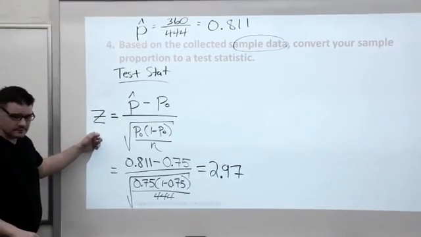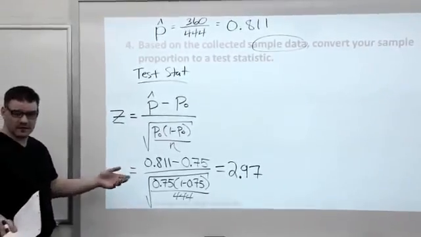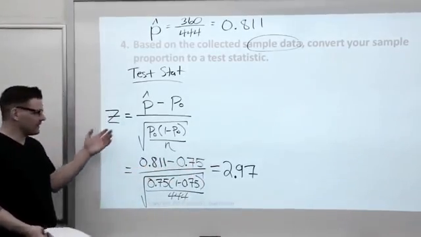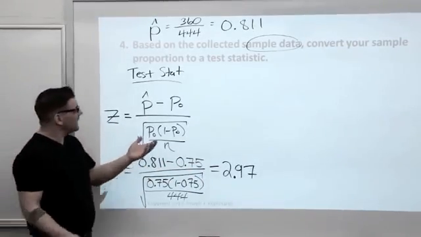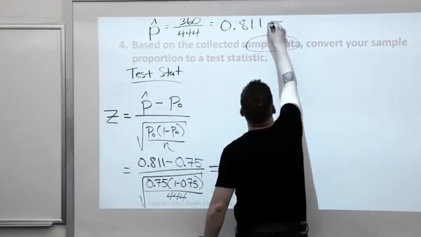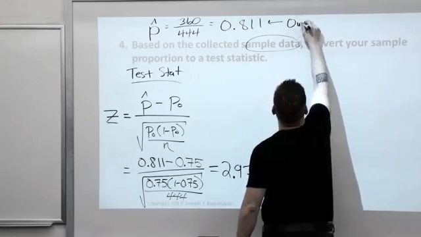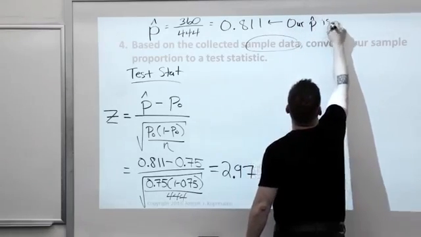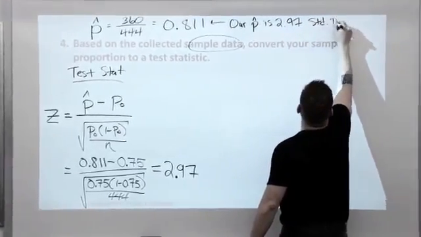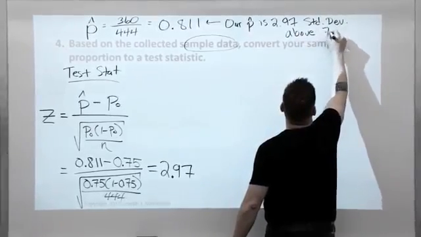It's a z-score, students. A z-score. You know what's a big z-score and what's an unusual z-score versus what's not unusual. And so up at the top, let me just point an arrow here to the 0.811, and basically this is saying that our p-hat is 2.97 standard deviations above 75%.